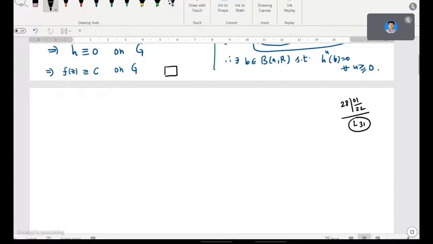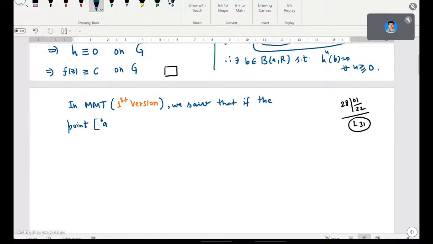So, class, in maximum modulus theorem, first version, we saw that if the point, which was point A actually, of course, along with the given conditions, F is analytic on G, and all those things are there along with the given conditions.